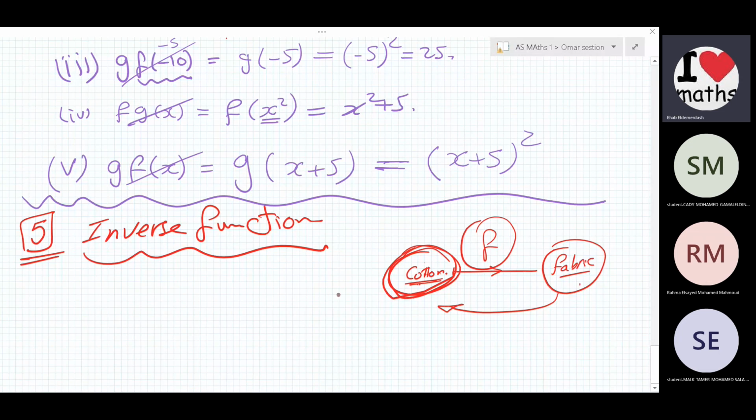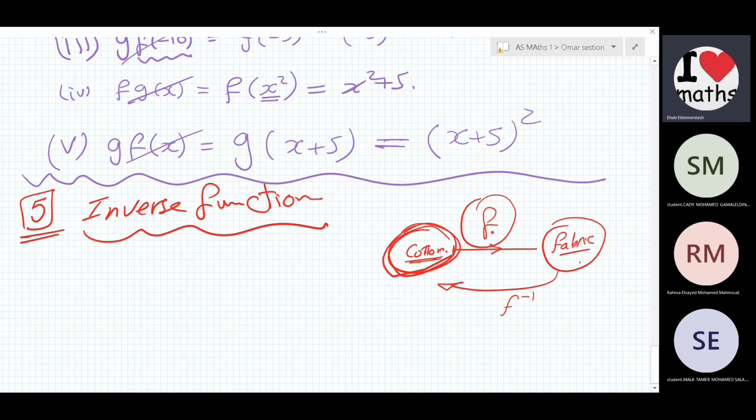It's like the machine going from left to right: from the cotton it makes fabric, and from the fabric it returns back to cotton. So I have the function and I have the inverse of the function. These are the two parts. اتفقنا كده يا شباب؟ يبقى ده الكونسبت بتاعت الفانكشن.